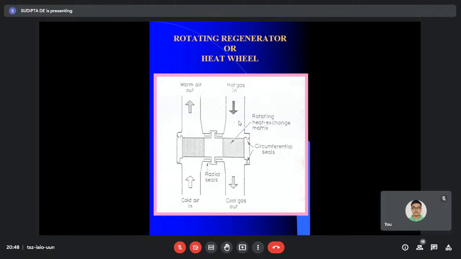there will be a tendency of leakage of gases through the circumferential gap between the shroud of the heat wheel and the heat wheel itself.